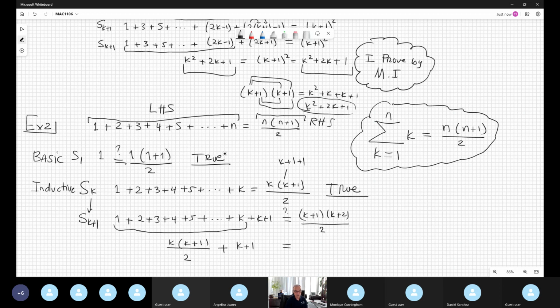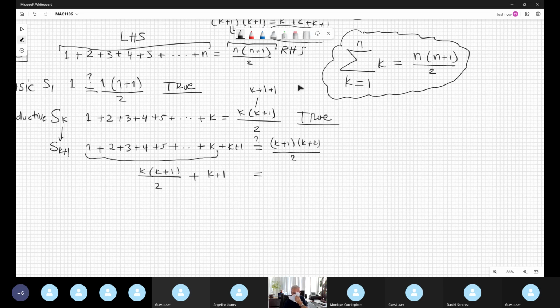So let me try to continue doing the manipulation algebraically of the left-hand side. I don't know, sometimes I need to manipulate left and right in order to get the equal expression. Sometimes no. Again, in this case, you write that using common denominator. The LCD is obviously 2, and we have k times k plus 1 plus 2 times k plus 1.